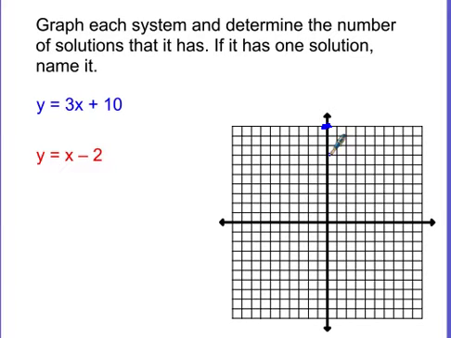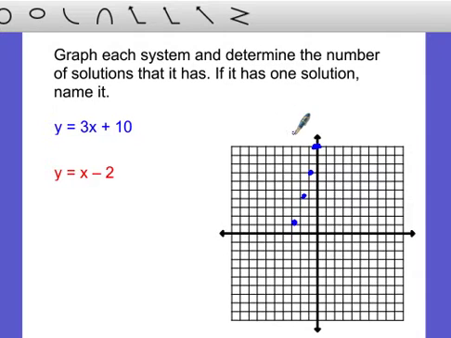Down 3, which way? Right. Or left. Left 1, thank you. It's got to be a positive slope. Down 3, it's about too small for me to see from back here. Should be right there. That should be good to get a line. So it looks like that.